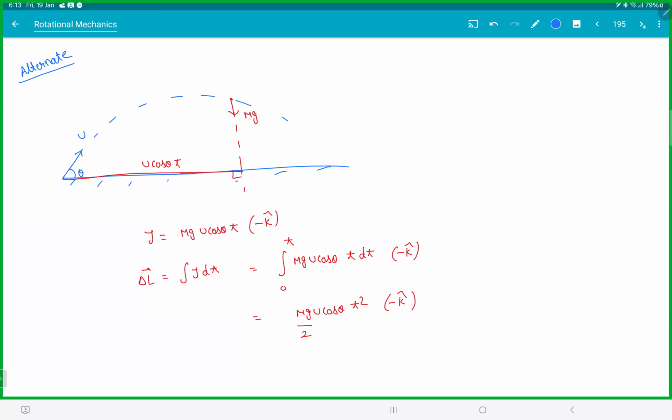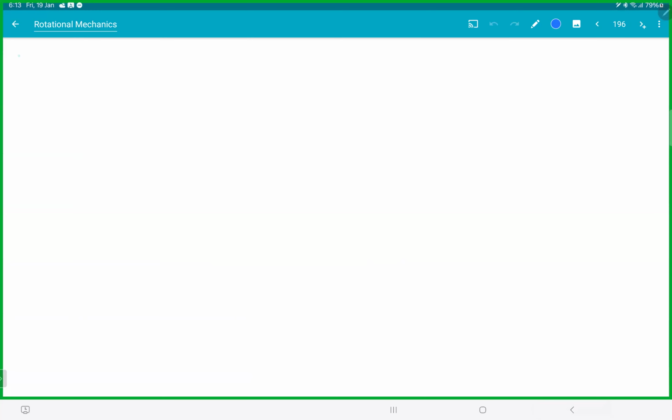Next thing. We have a disk of mass M and radius R. This is going with V, and this is rotating with omega.